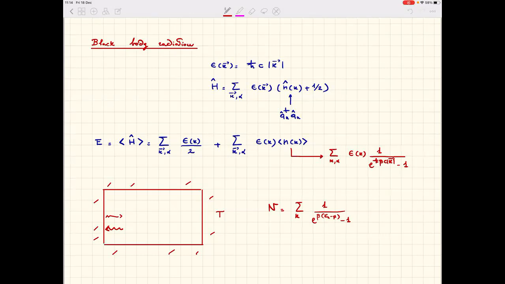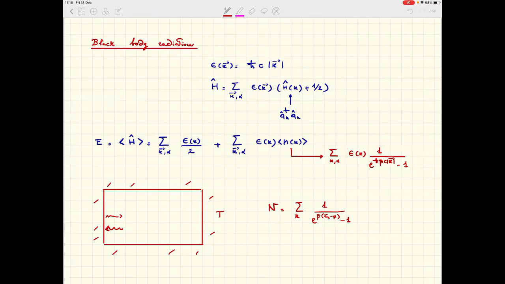But now what happens is that in the present system, the number of particles is actually not conserved. As you change the temperature, you continuously change the number of photons that the walls are emitting and absorbing in such a way as to maintain a certain equilibrium distribution in the cavity. Right?